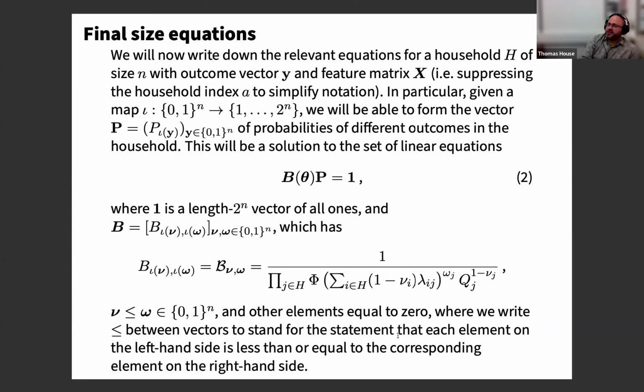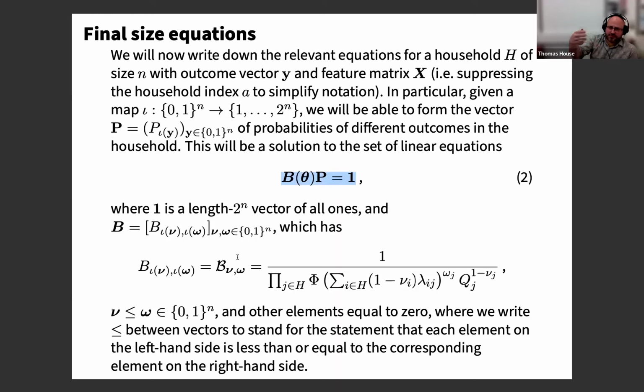So if we can embed every household configuration of final size outcomes in the integers, which we can because they're just finite, the map iota is the mapping of all household states on some set of integers. We can write the final size equations as a matrix equation, and that matrix equation is easy to solve with linear algebra, right?